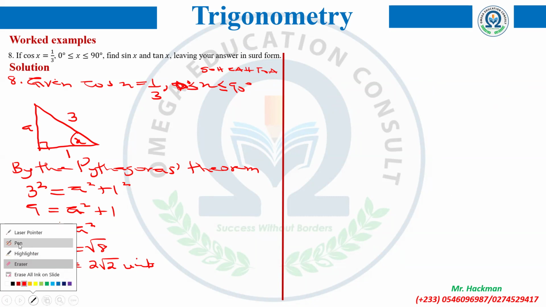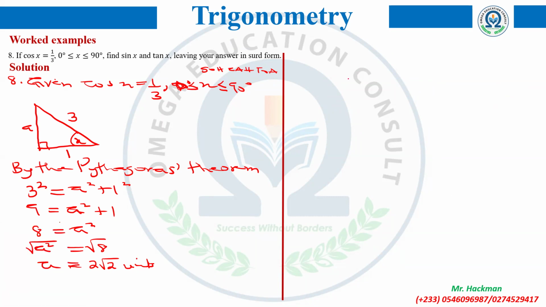after substitution. Now I will write what I have here. We are asked to find sine x. Sine x will be equal to opposite over hypotenuse.